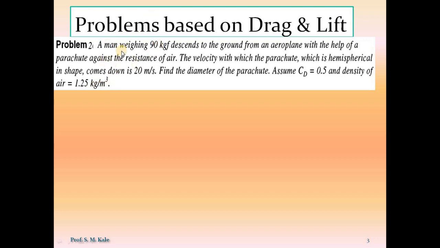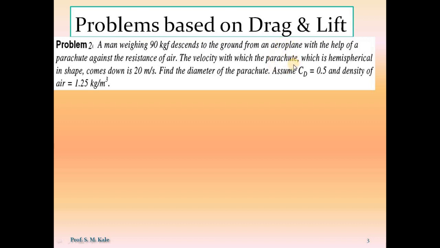So this is one of the real life problems. Suppose there is one aeroplane, and from that aeroplane, one person having a weight of 90 kg force wants to descend to the ground. So he descends to the ground with the help of a parachute.